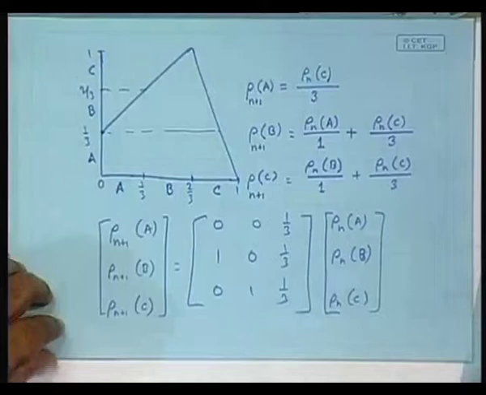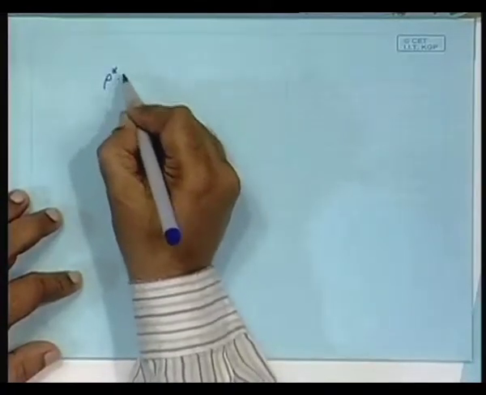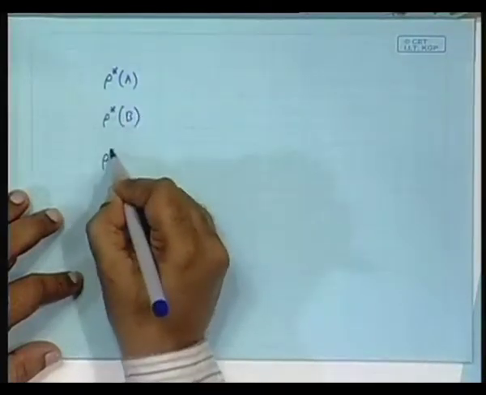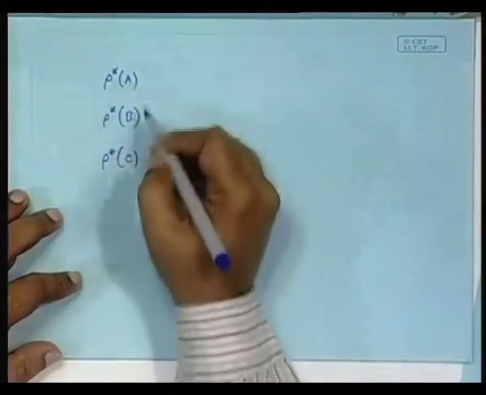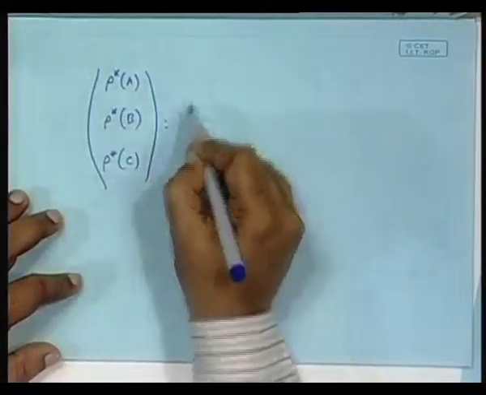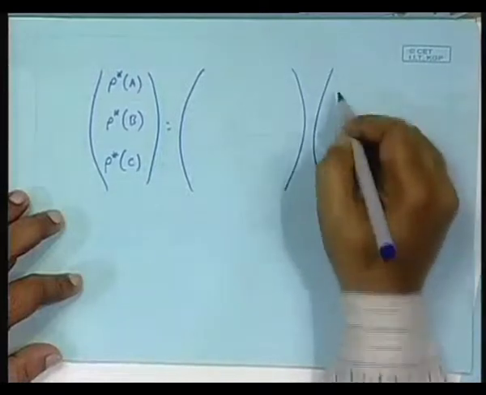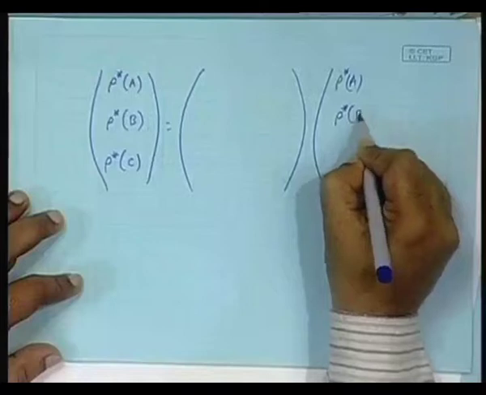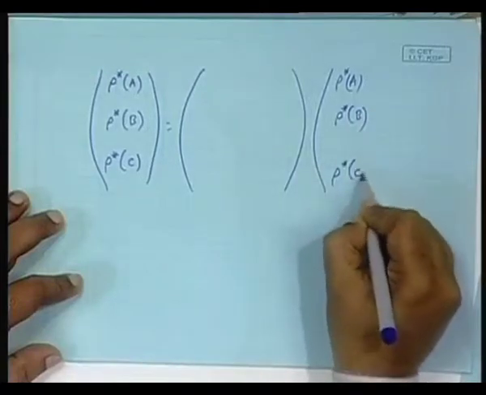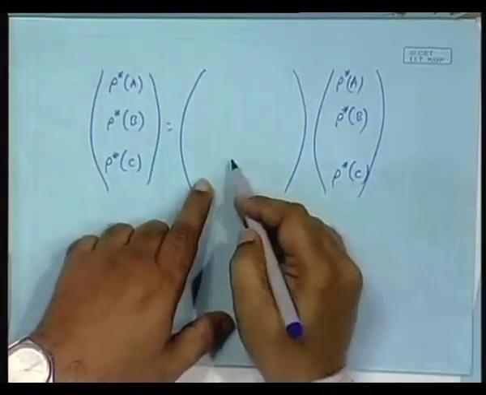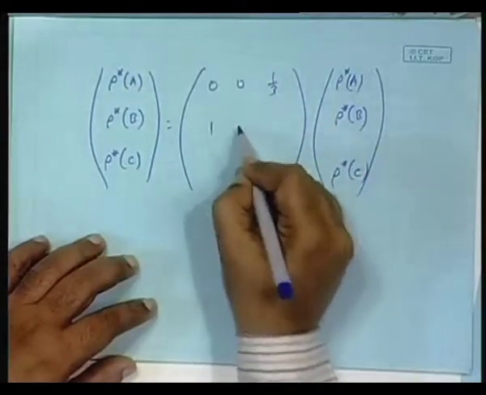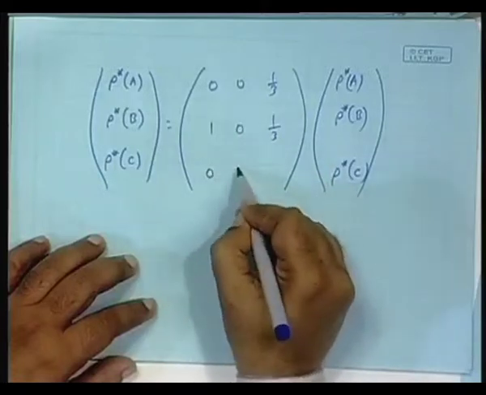So ultimately we are talking about rho star A, rho star B, rho star C. These are the invariant things, equal to this matrix times rho star A, rho star B, and rho star C, and this matrix here is 0 0 1/3, 1 0 1/3, 0 1 1/3.